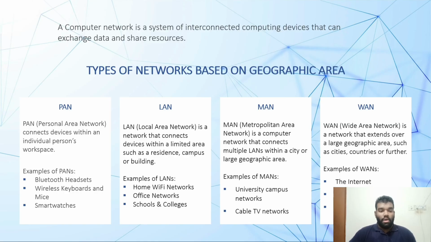The speed can be up to 24 megabits per second. The cost to transmit data is high due to leased satellite and telephone lines in a WAN.